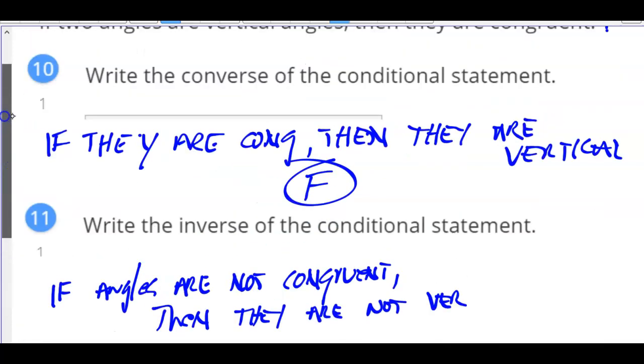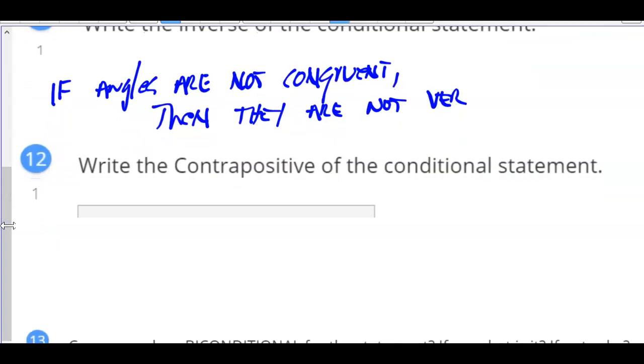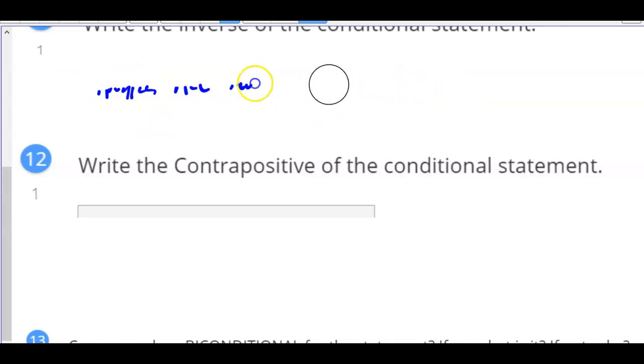Did I do that right? No. Darn it, I didn't. Oh well, it just shows you that when you go too fast, sometimes it's not the best outcome.